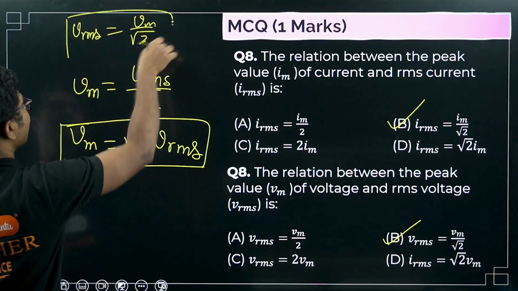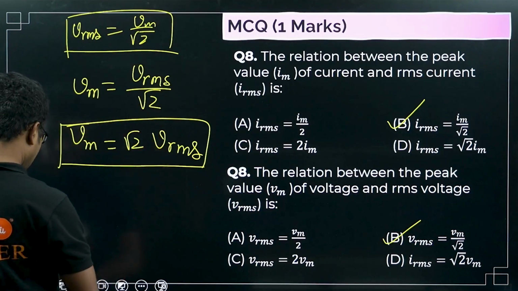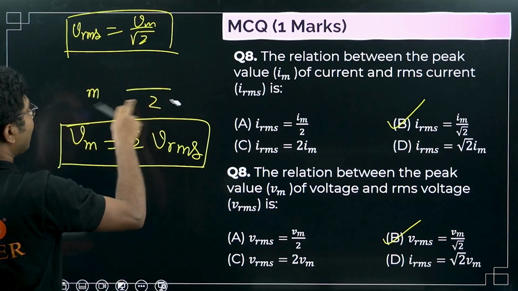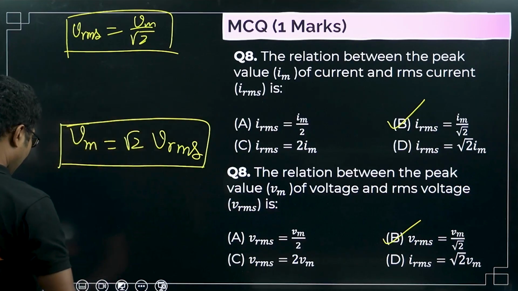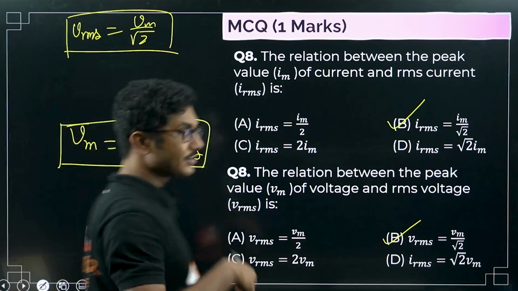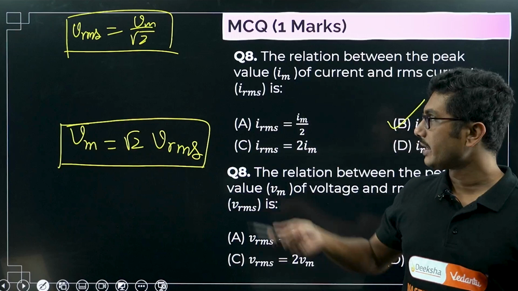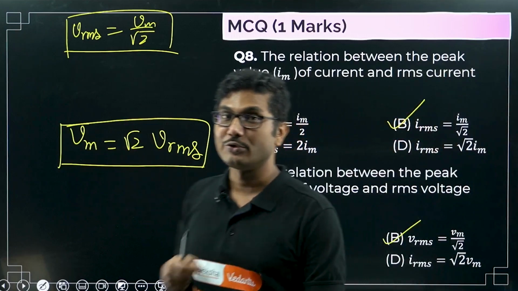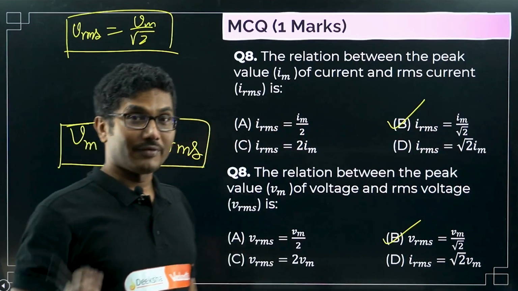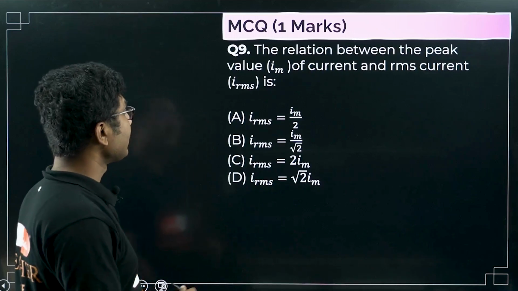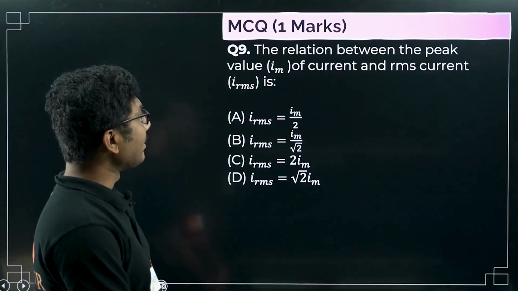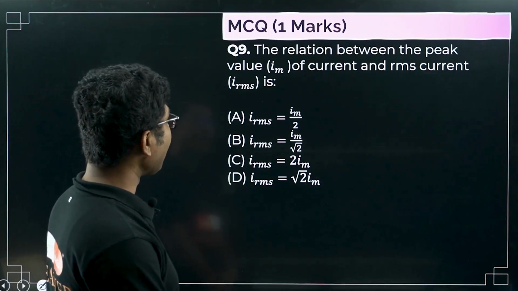Obviously if you remember this one, you can calculate the other one as well, but if they change the option, you should be aware that this is a trap, I should stay away from it, okay.